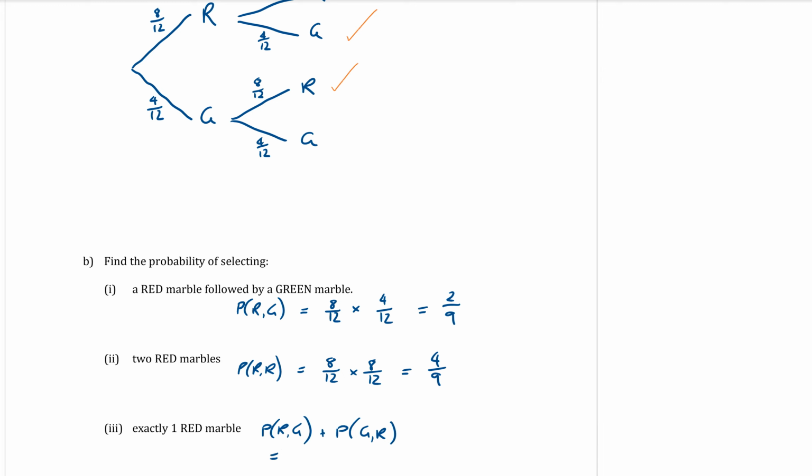Red-green was 8 over 12 times 4 over 12. Plus, so multiply along the branches, then plus green-red is 4 over 12 times 8 over 12, which is exactly the same. They are exactly the same, they're just in a different order. So you could just go times by 2 if you wanted to as well. But I will write it out again.